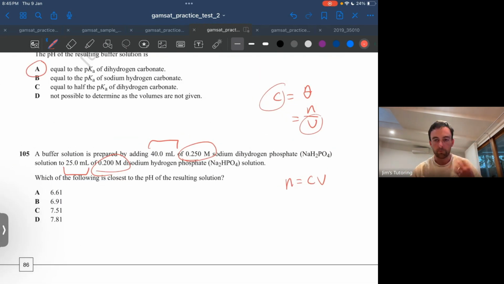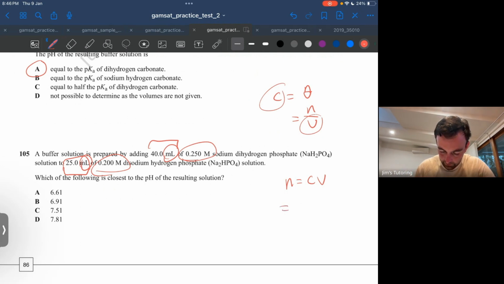I'm going to be a little bit loose with the numbers because they're both in mils. I know you need liters, but I'm just going to use mils, because all I really care about is the ratio of one to the other. I don't really care exactly how many moles there are. I just want to know how big one is compared to the other. As long as I'm using the same units, that'll be fine.